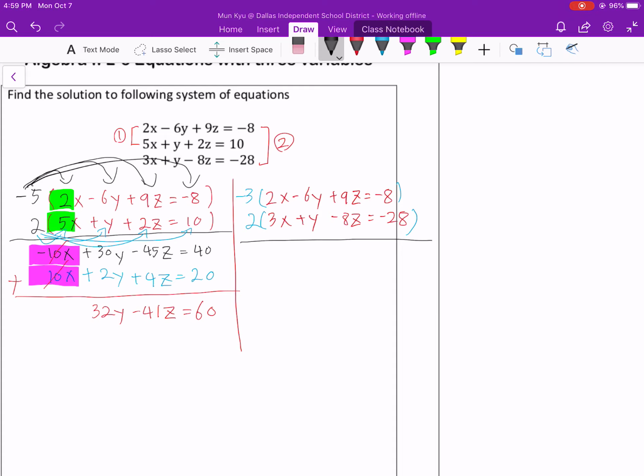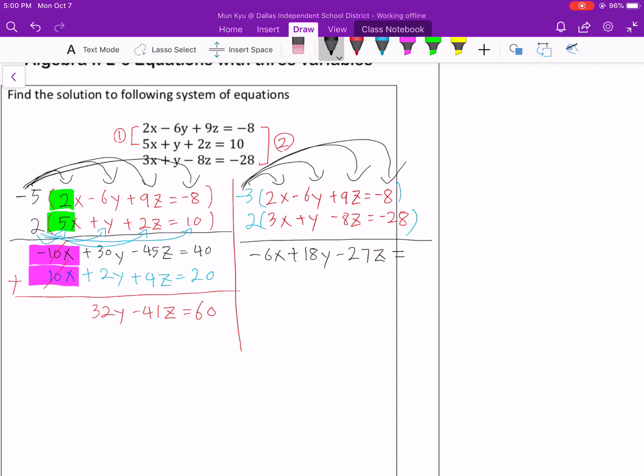Let's solve this. -3 times 2 is -6x. -3 times -6 is positive 18y. Negative 3 times 9 is negative 27z, equals negative 3 times negative 8, which is 24.